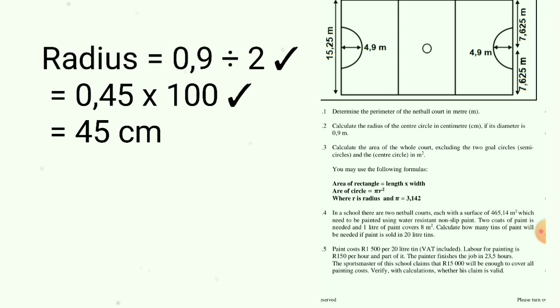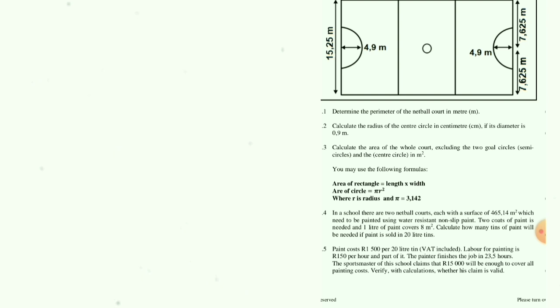Okay, we say 0,9 divided by 2. Why do we divide by 2? You can pause the video and check why. Remember that the radius is half the diameter. We only need the radius, which is half the diameter. So if the diameter is 20, that means the radius is 10. So divide by 2, then it is 0,45. Then we convert it, multiply by 100, then it is 45 centimeters.